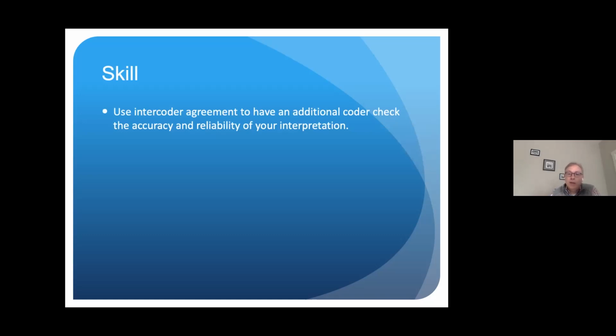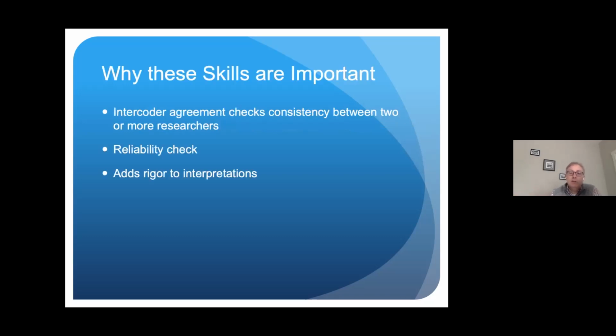So the idea is that we have some other person that's checking the accuracy of our coding, and also interpretation. So it's a check of consistency between usually two or more researchers. It's a way to really look at reliability, and it can add some rigor to interpretations.